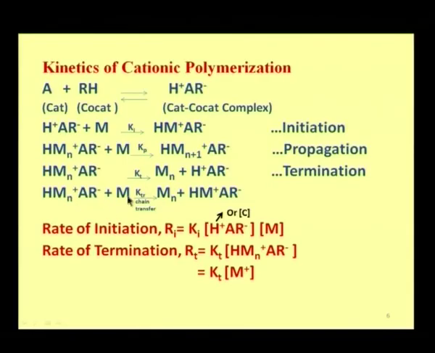In the case of termination, this growing polymer chain attacks another monomer where there is a chain transfer to the monomer, and a neutral molecule is formed which ends the reaction.